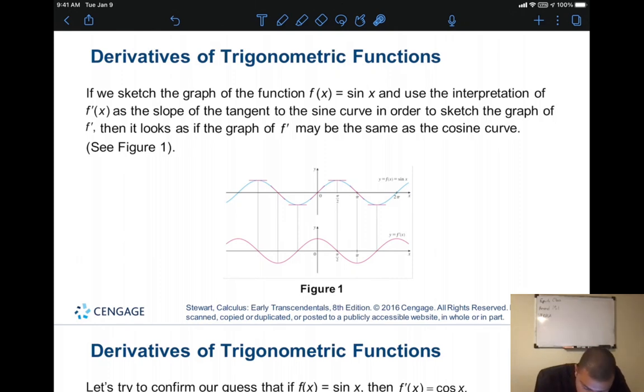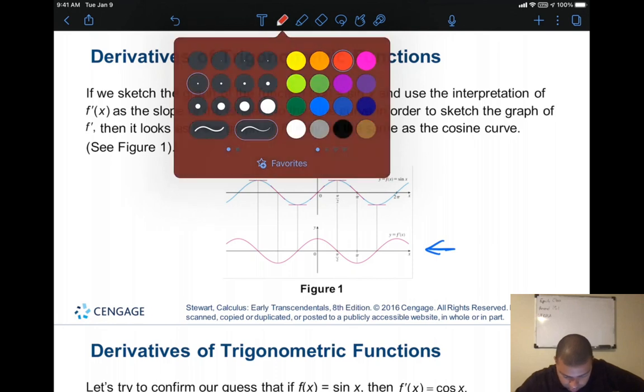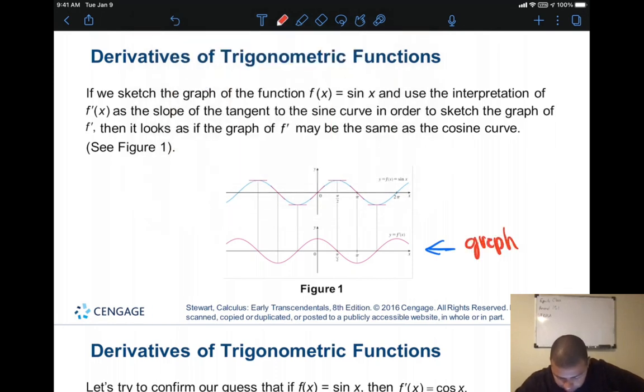You also have these other points where this is probably the maximum value here because that's where the line is the steepest, and here it's the minimum because that's probably where it's the least steep, or with negative slope. So this is hinting towards a function that's known to all of us. This here is the graph, and I'll put it in red, of cosine.